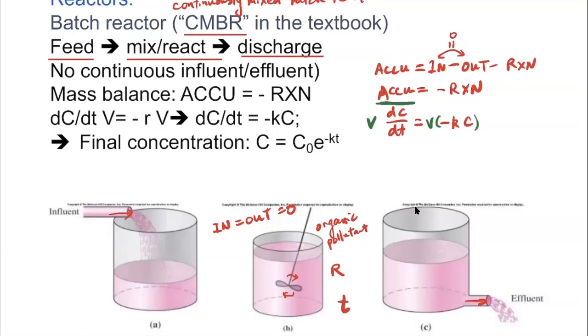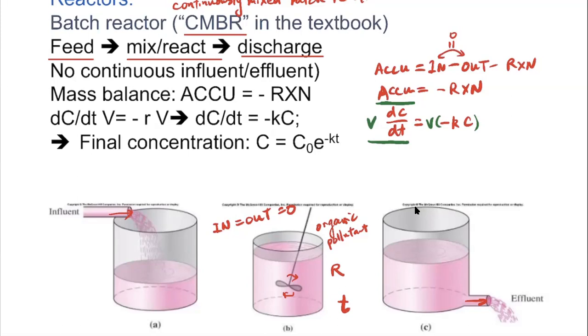We're talking about accumulation of the mass for these species. The concentration multiplied by the tank volume is going to be the total mass of these pollutants. So strictly speaking, the accumulation term should be volume multiplied by the change of the concentration.